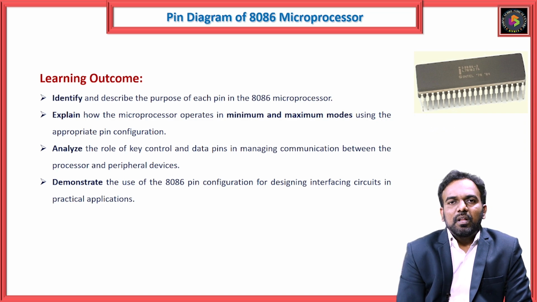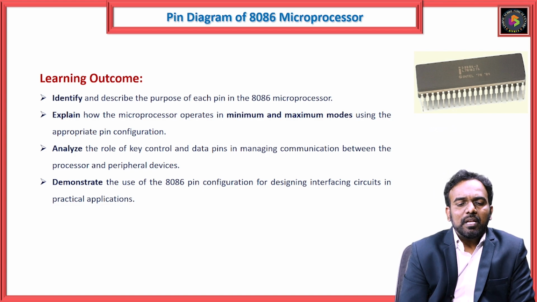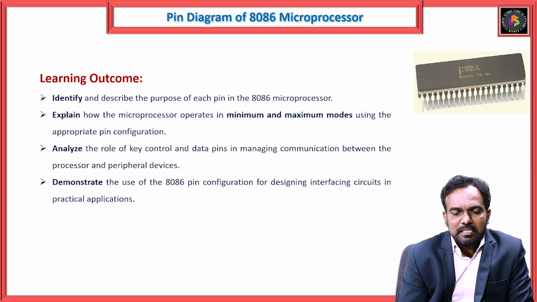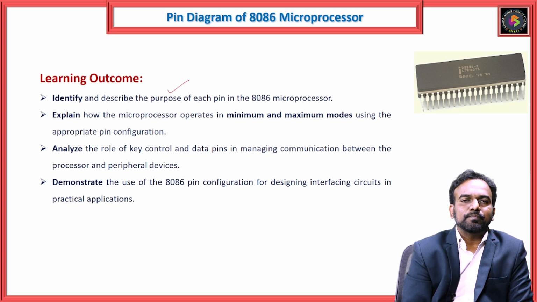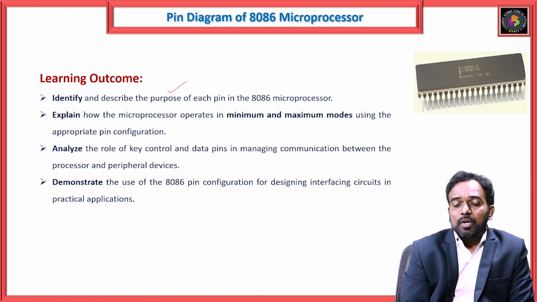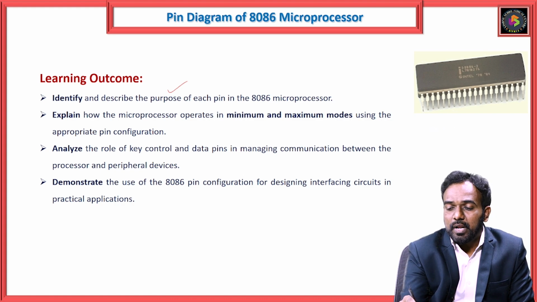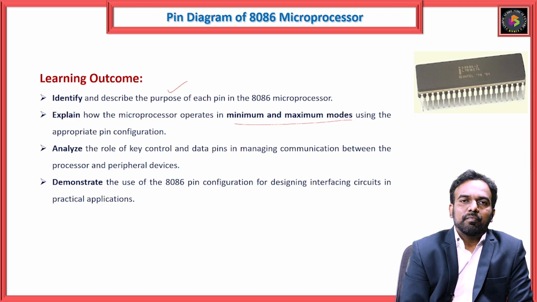Now, after learning all the pin functions of the 8086 microprocessor, students will be able to identify and describe the purpose of each pin. Students will be able to explain how the microprocessor operates in minimum and maximum modes using the appropriate pin configuration.